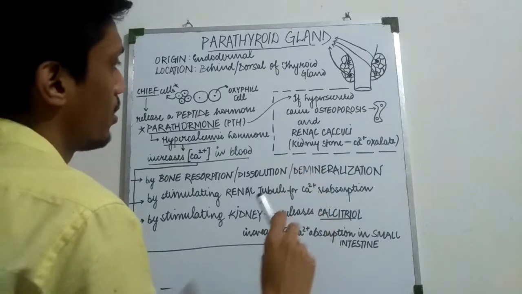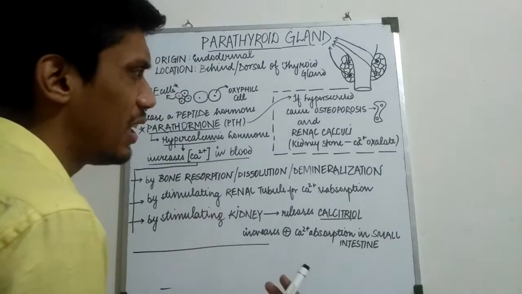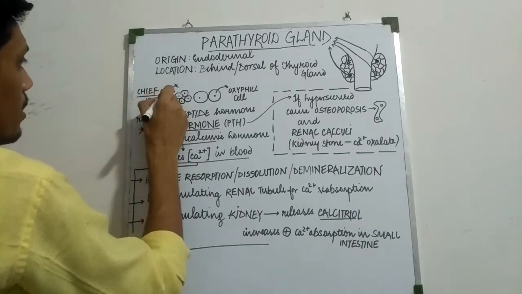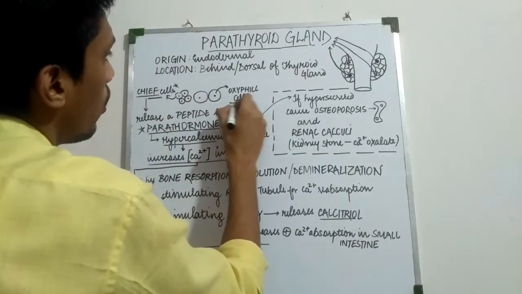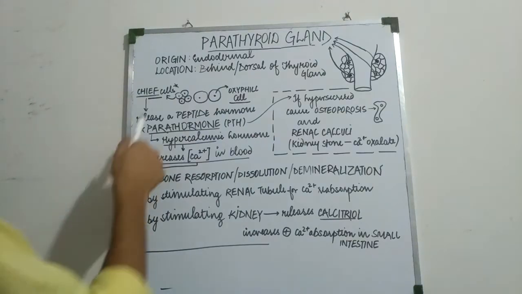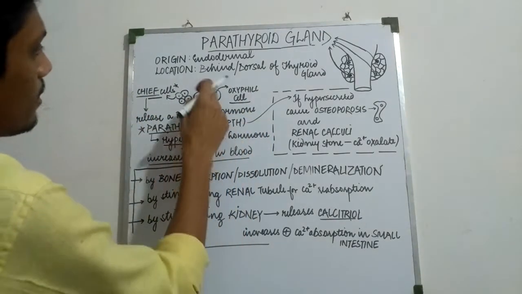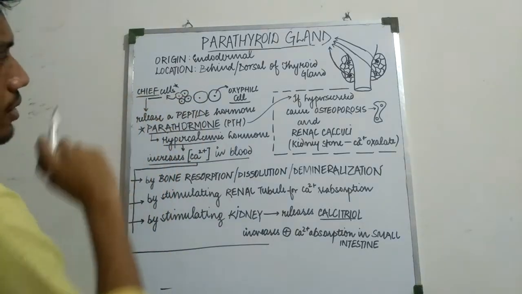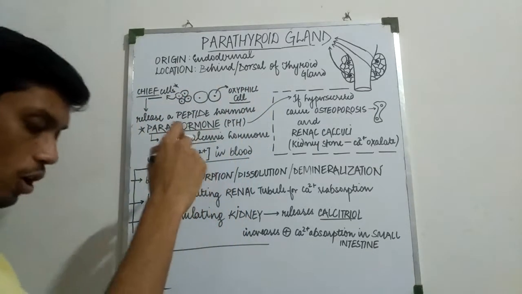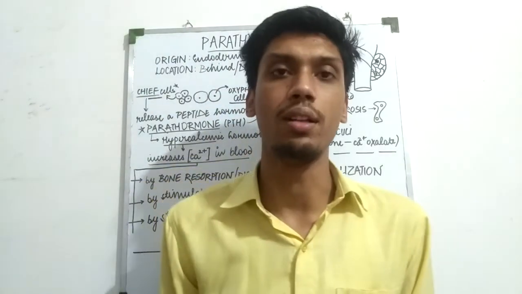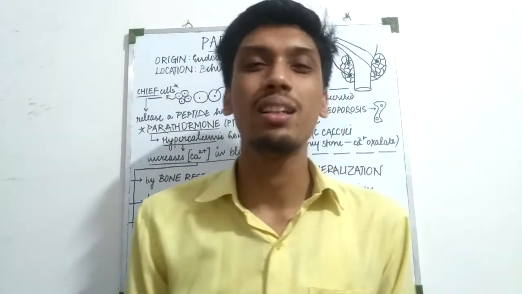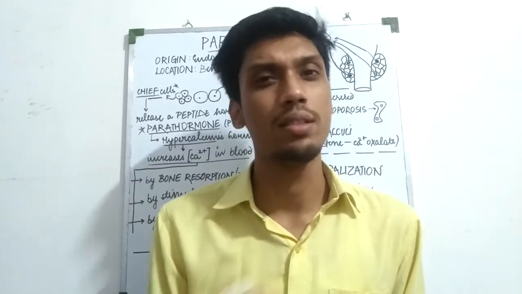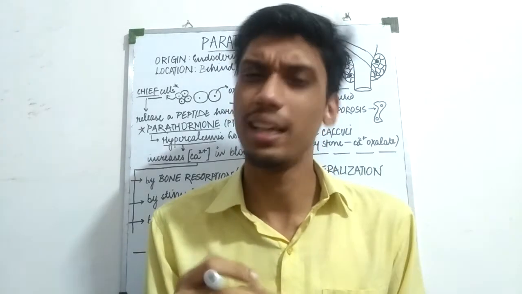There are two cells we need to know: the chief cells and the oxyphil cells. The larger ones are oxyphil cells and the smaller ones are chief cells. The function of oxyphil cells is not yet known, so you just need to know the name, or you can ignore it.